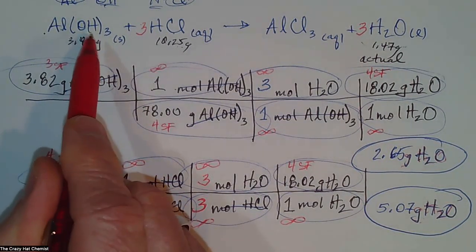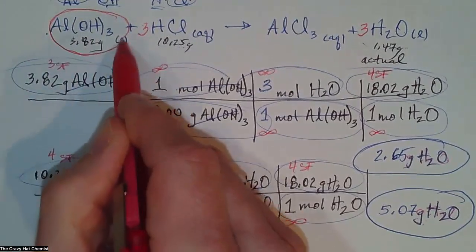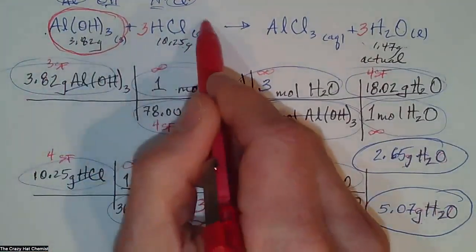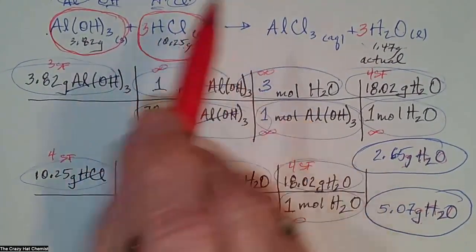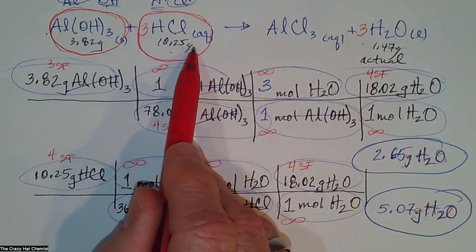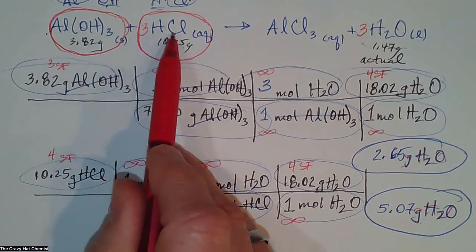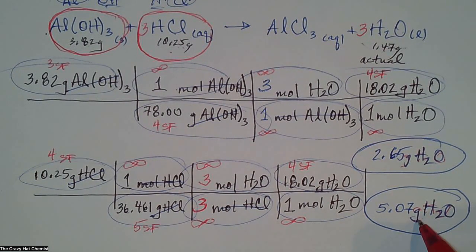Whereas at the very beginning of this problem, if you look up here, I have 3.82 grams of aluminum hydroxide and 10.25 grams of hydrochloric acid. I cannot compare these two numbers, even though they have the same units, because they don't have the same formula. I can compare these two numbers because they have the same units of grams and the same formula of H2O.